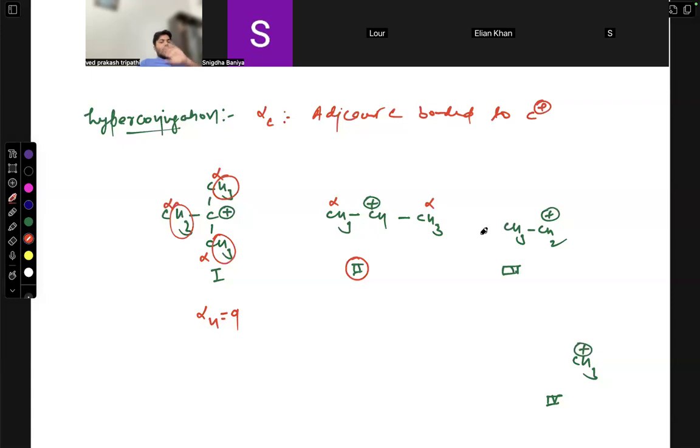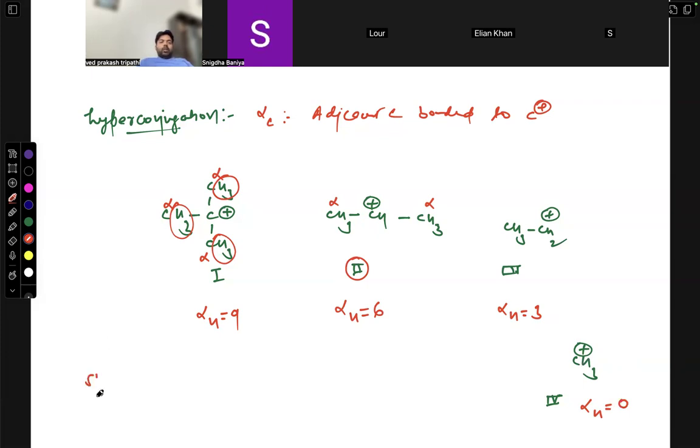Alpha H. I am not saying alpha carbon. I am saying alpha H. 6. Very good. How many alpha in the third one? Very good. And how many alpha in the fourth one? 0. Because there is no alpha carbon.